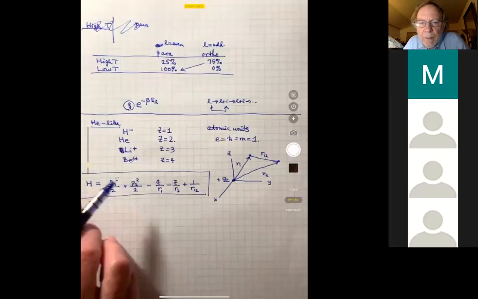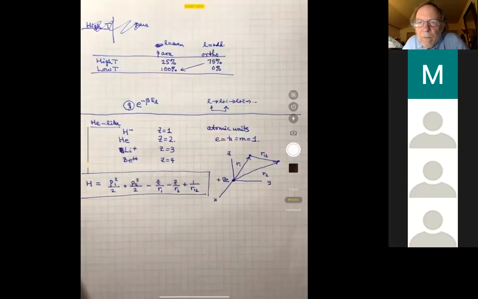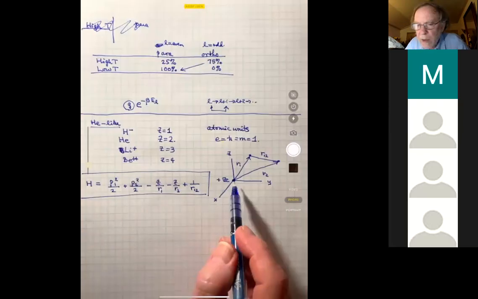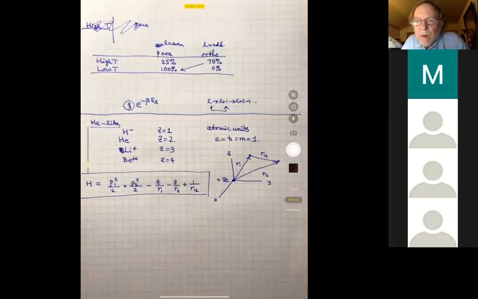In this Hamiltonian, I'm implicitly assuming that the frame has been attached to the nucleus as in this picture here. The nucleus is not really an inertial frame because it moves around, it accelerates somewhat. But since it's so much heavier than the electrons, it doesn't accelerate very much, and it's a pretty good approximation to treat it as if it were an inertial frame. Of course, we could do something similar in hydrogen as well.